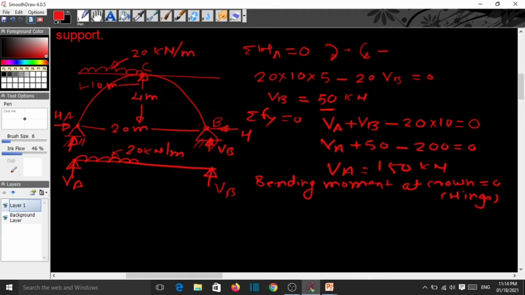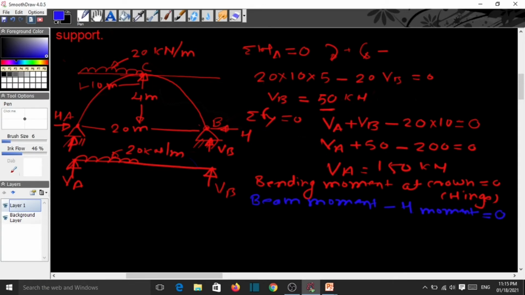That is why the bending moment is 0. So we are taking from the left hand side. The bending moment is, first, always the beam moment, minus the H moment or thrust moment, and this is equal to 0.